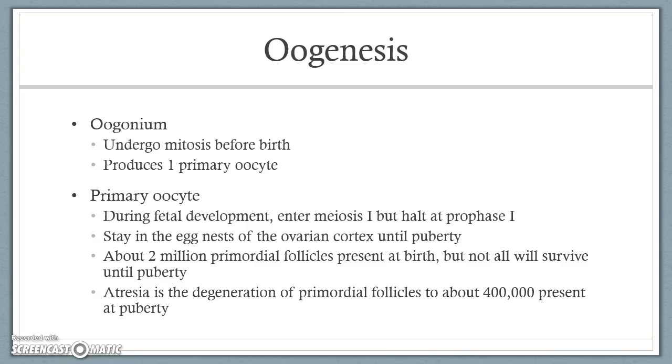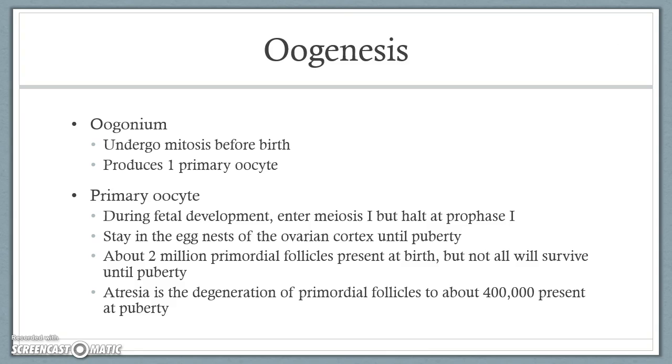The stem cell of oogenesis is called an oogonium. Mitosis occurs before birth, and a primary oocyte is produced. This primary oocyte will begin meiosis I, but stop during prophase I. Until puberty, nothing happens, and these primary oocytes stay in the ovary in what are called egg nests.